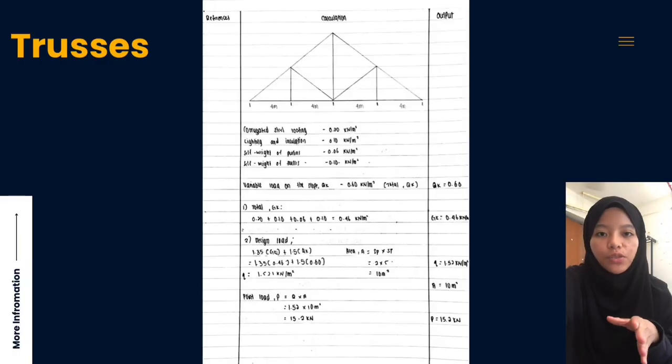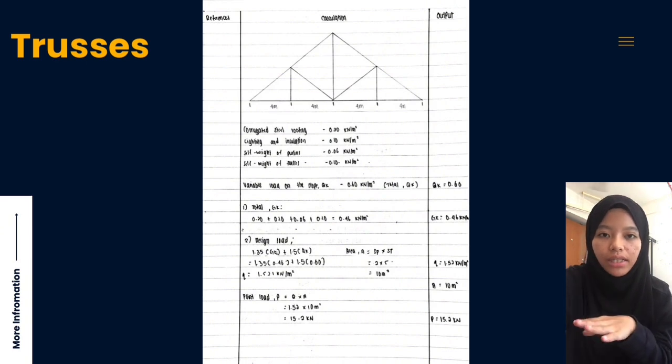So first, we must total all the GK. As you can see, from the concrete steel roofing until the self-weight of trusses, we must add them all, then we will get the total of GK, which is 0.46 kN/m². Step number 2 is the steel design load, where we must calculate from GK and QK.